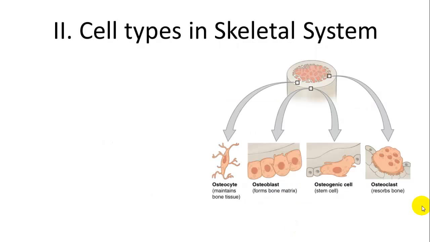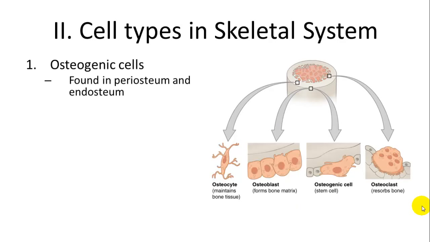There are a few different types of cells that you can find within active, living bone tissue. First is our stem cell, our osteogenic cell, which is found in the periosteum and endosteum. This is the area of the bone in which growth occurs, and these new bone cells are made. They are mitotic, meaning they can divide, and they can also mature. One of the cells they mature into is the osteoblast.